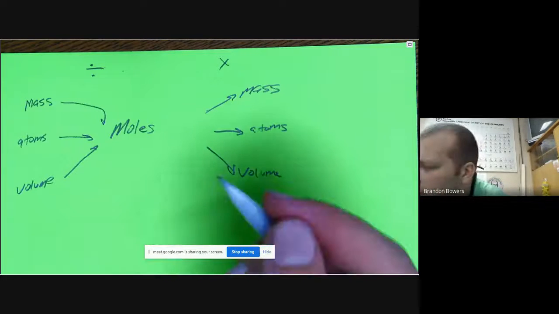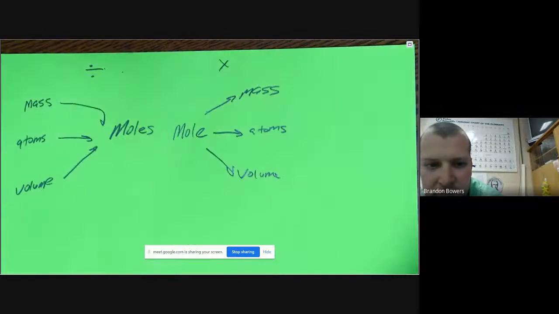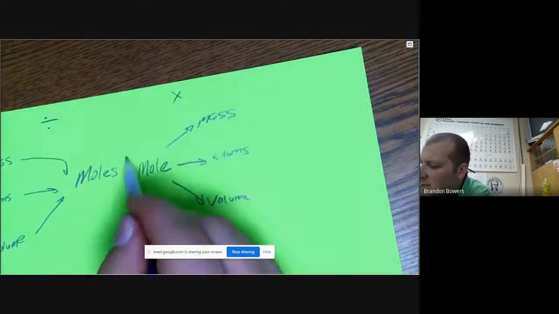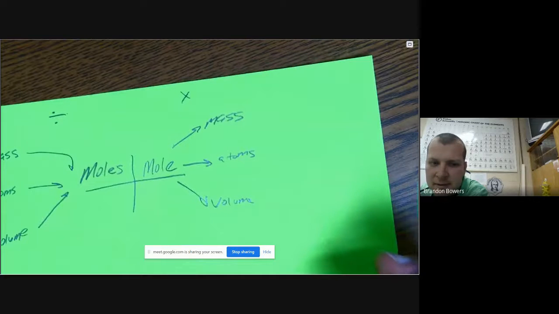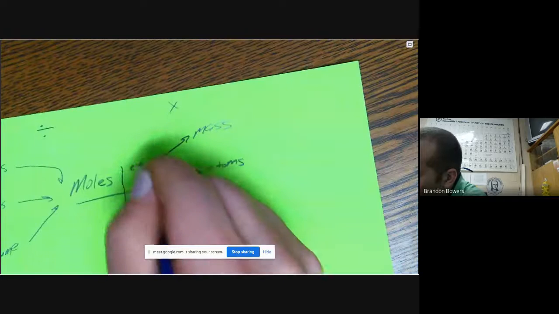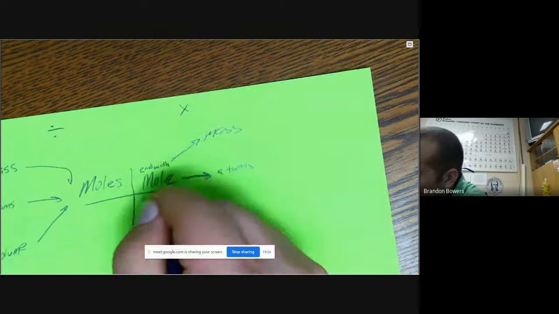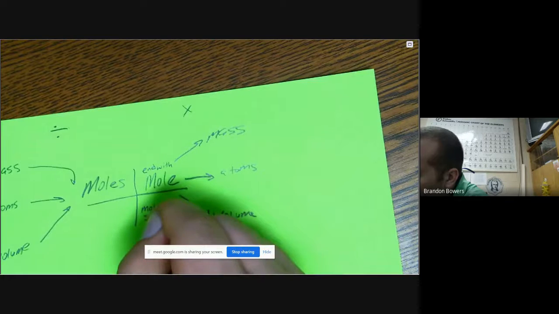Now what we're going to be doing today is a mole to mole ratio. So we're throwing one step in, and I like to do a little T-chart. This is the moles that you want to end with, and down here, you're going to implement moles that you start with.